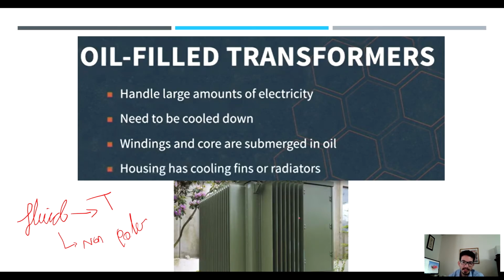Now they have these fins outside, and this is because of the heat transfer principles. If you look at your computer, the processor has these fins which are used to maximize the surface area so that the airflow can cool down the equipment. The engine on a motorcycle, you'll notice that they have fins on the front and back or different parts of the engine so that when the motorcycle is moving, air cools down that through the fins.